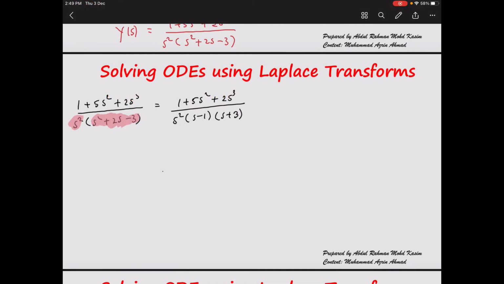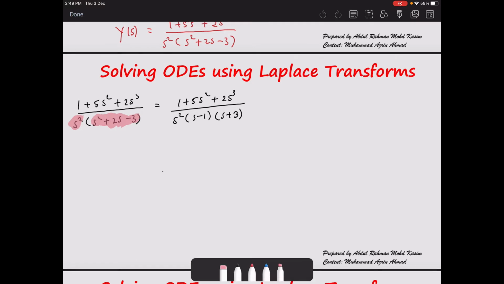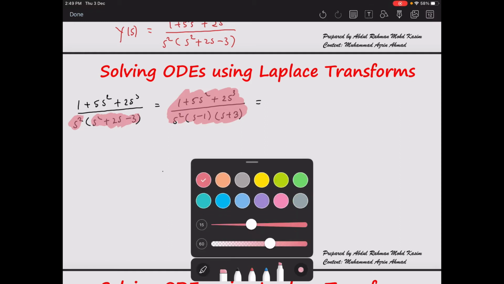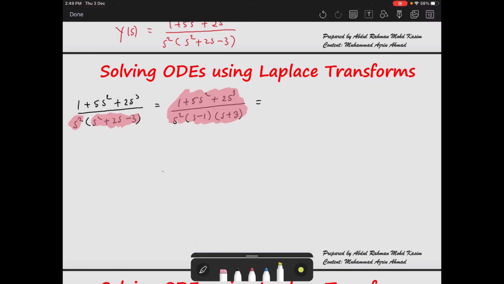Okay class, now we already have the equation in terms of what we call simplified, where you may now apply the partial fraction towards this equation. So since over here you will see that we will have 3 terms in the denominator.